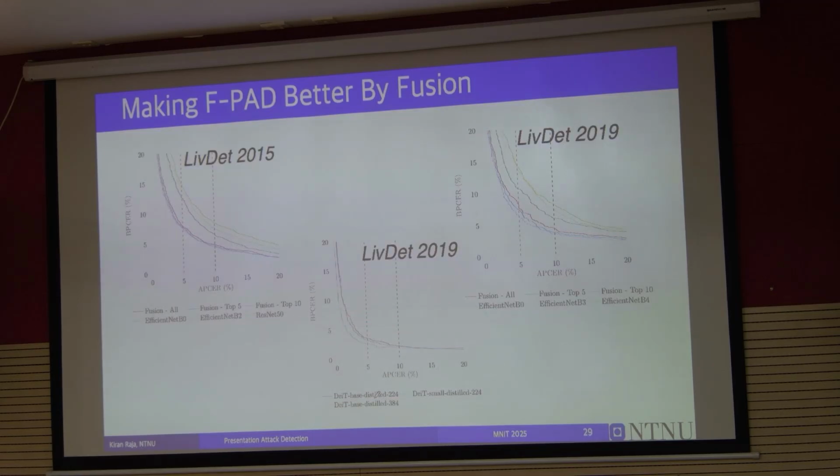Remember that because we can't optimize both FAR and FRR, or BPCER and APCER, I try to fix one of the error metrics, like 5% and 10%, and then I measure how the performance is. If you look at this one, the 2015 dataset was so much higher, in 2019 it dropped down to here, and then in the case of DeiT, the error rates were pushed down quite significantly.